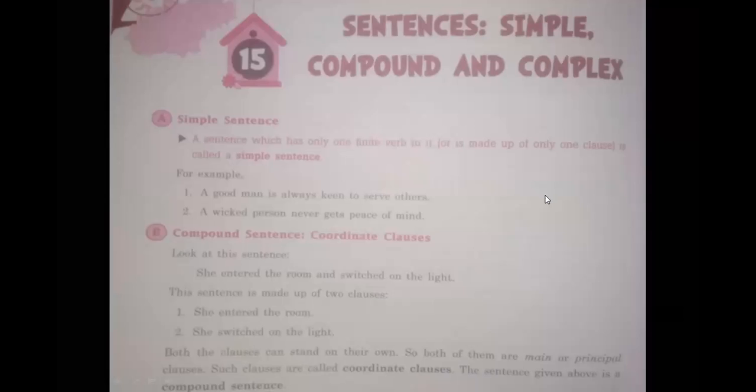The next one is she switched on the light. Both the clauses can stand on their own, so both of them are main or principal clauses. Such clauses are called coordinate clauses. The sentence given above is a compound sentence.